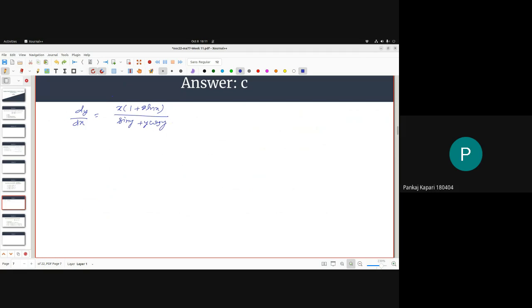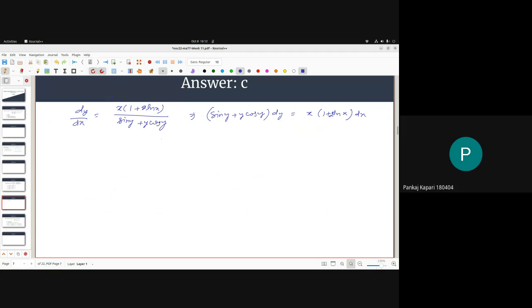So this is a separable type of differential equation. That is, we can separate the variables, keeping all the terms of y on one side. So I can write (sin y plus y cos y) dy equal to x times (1 plus twice log x) dx.